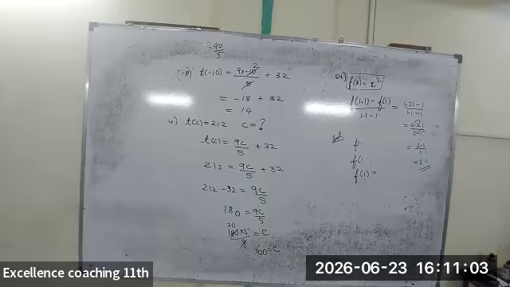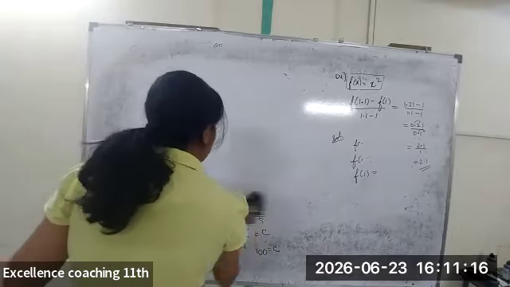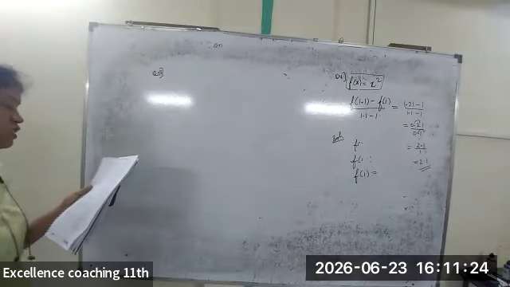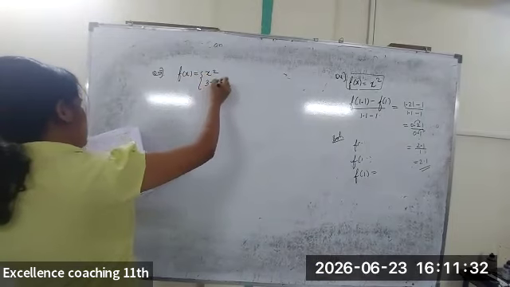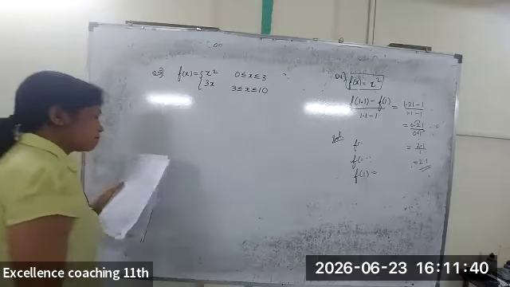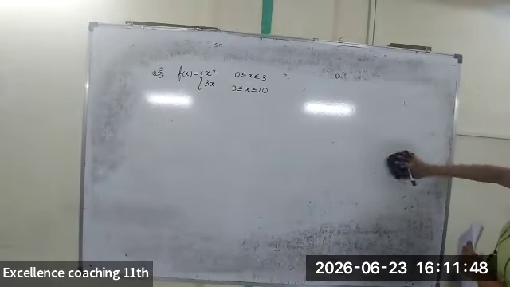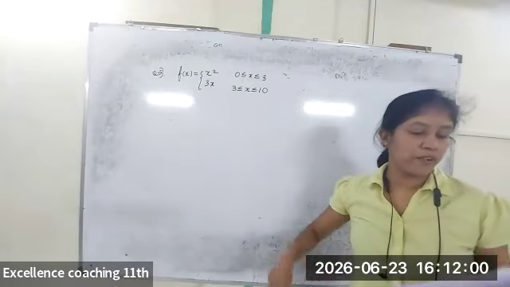And the fifth one, relation F is defined as... Now we have to show that one f of x is given, one g of x is given.